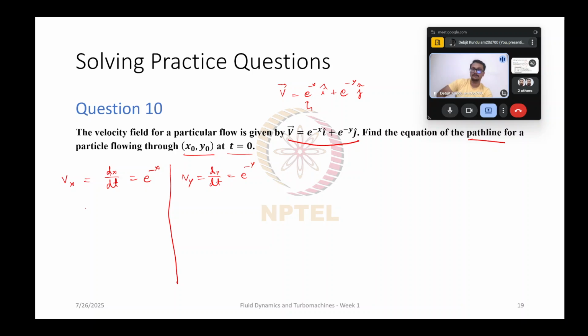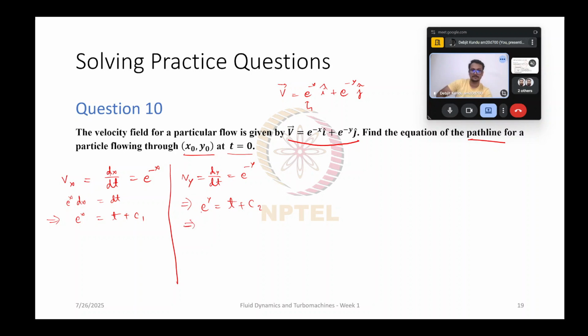Now we'll integrate these and try to find out what x is. So I'll have e power x dx equals dt. It will simply be e power x equal to t plus some constant c1. I'm not doing it, but same thing for this. It will be e power y equal to t plus c2, another constant.